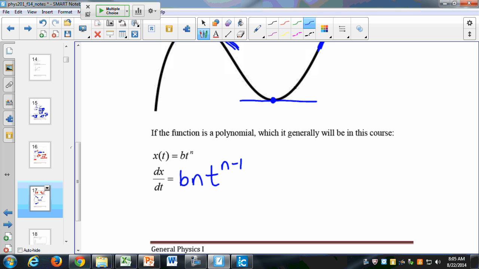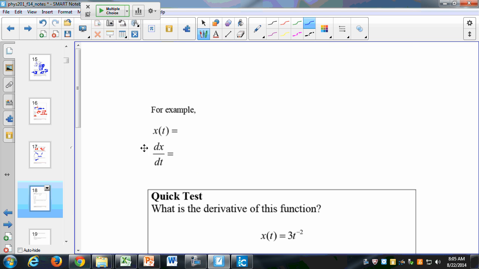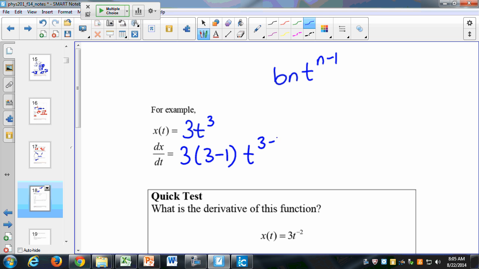All right, so say, for example, I have, on the next page, x of t equals 3t cubed. Remember, the derivative is b times n times t to the n minus 1. Well, here b is 3. n is also 3, so I'm going to have 3 times 3, which is 9, times t to the 3 minus 1.